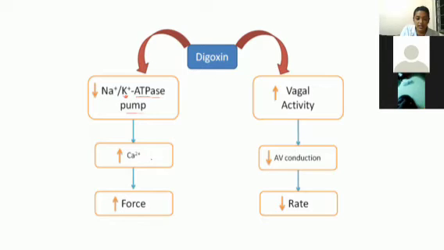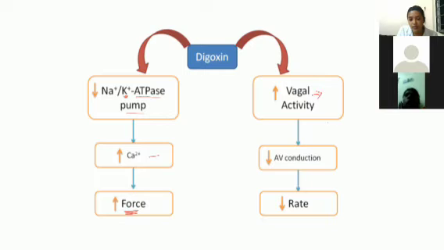It will increase the calcium, and contractility, or force of contraction, will be increased. So that is one side. Then digoxin will also increase the vagal activity, or stimulate the vagus nerve.